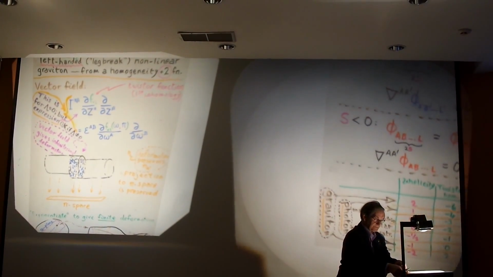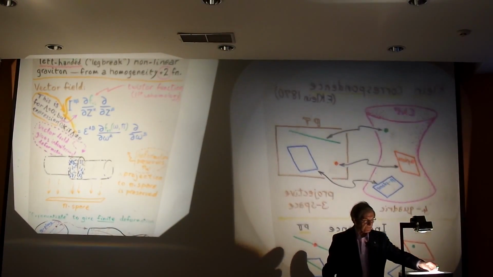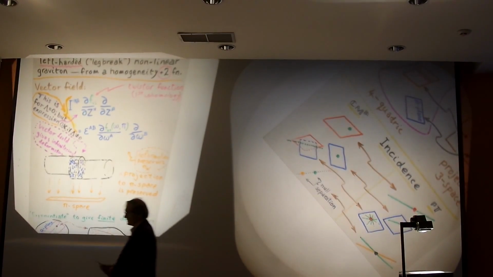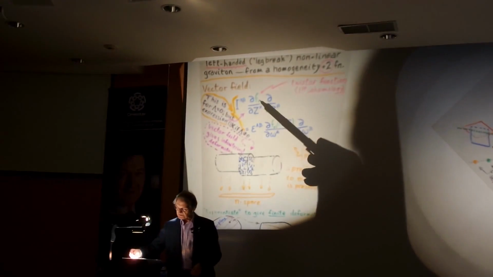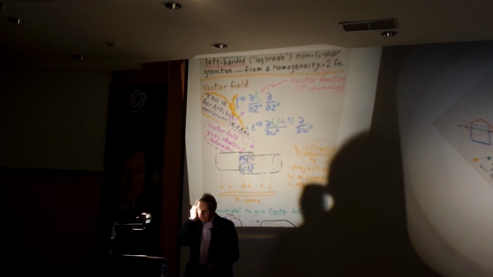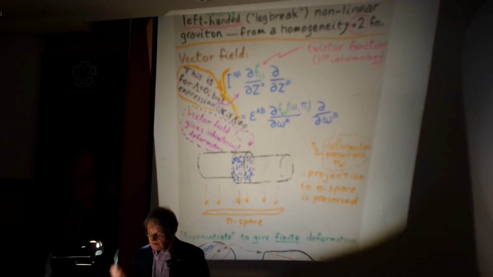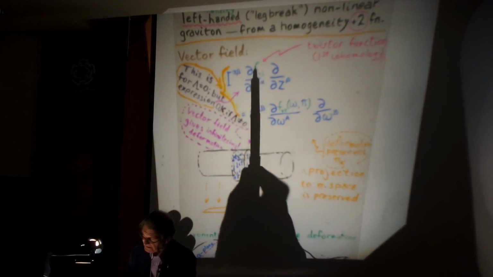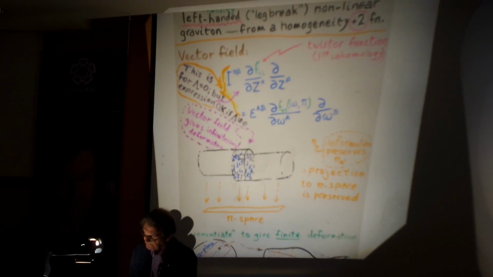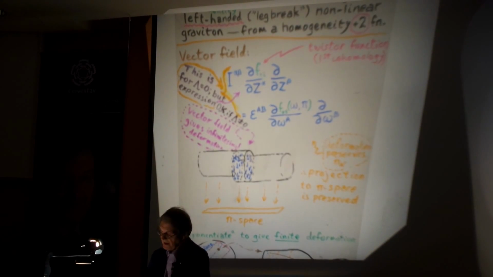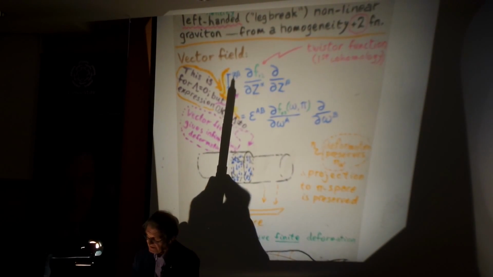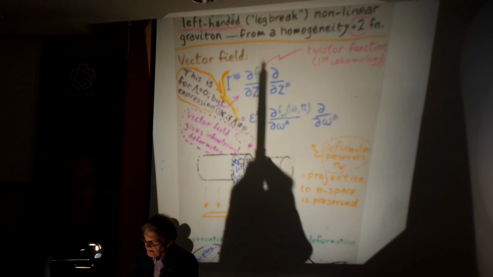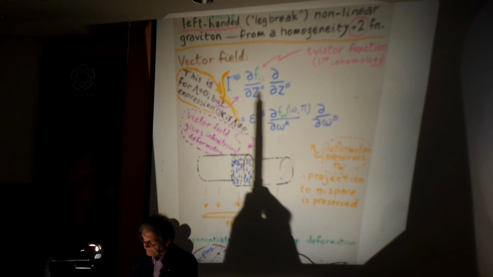In that case, you have a Twistor function which has homogeneity plus 2. And now what you do, for the infinitesimal deformation, you take d by dz of f, where the z are the Twistor coordinates, and then you take the infinity Twistor, plug that in, and this gives you a vector field.